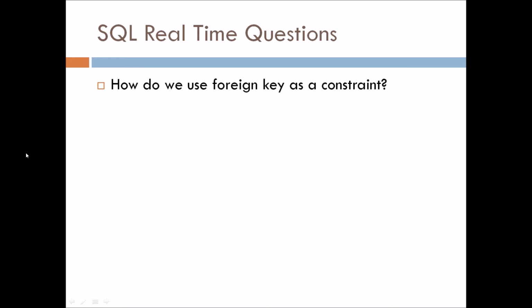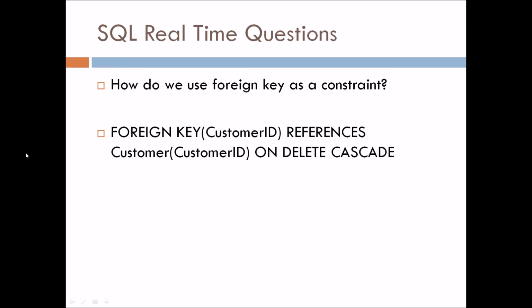Let's move ahead with the next question. How do we use foreign key as a constraint? You can be asked to write how a foreign key constraint is added to any column. To use foreign key as a constraint, as you can see here: foreign key, then the name of the column, here customer ID, references customer, that is the table name, and the column name customer ID, on delete cascade.